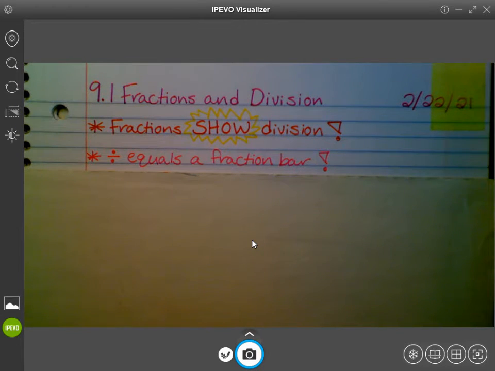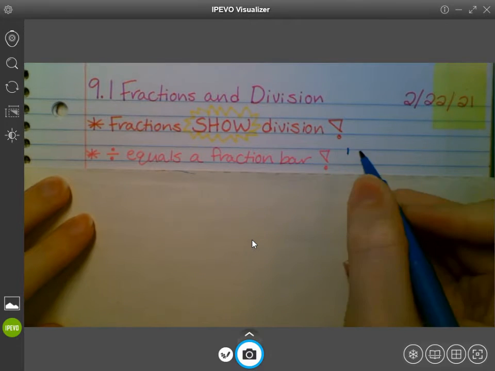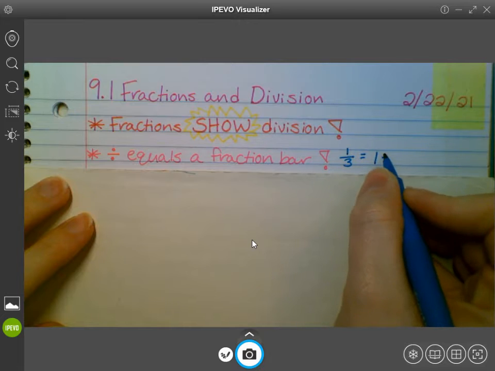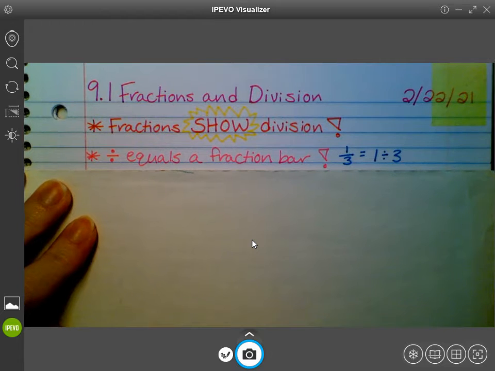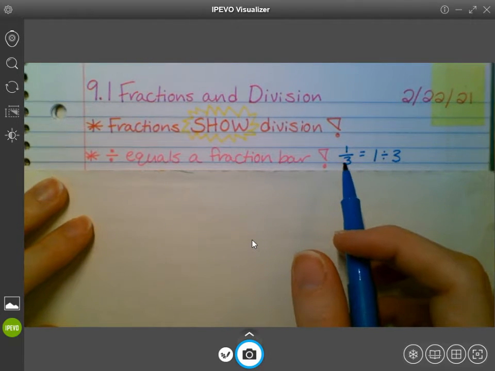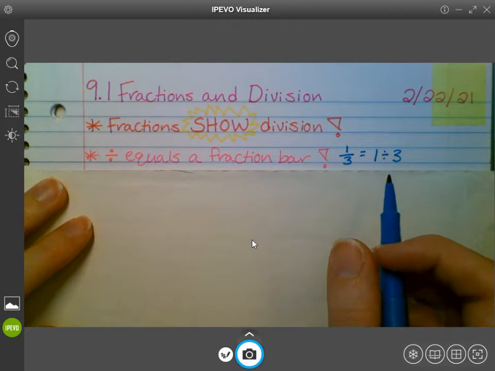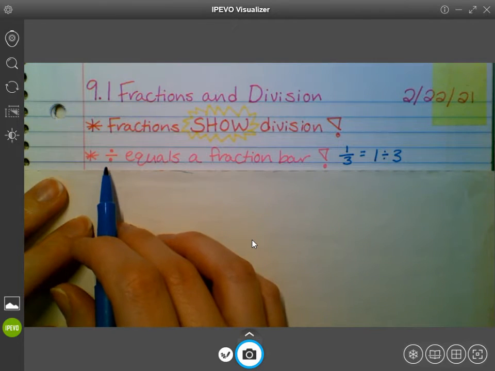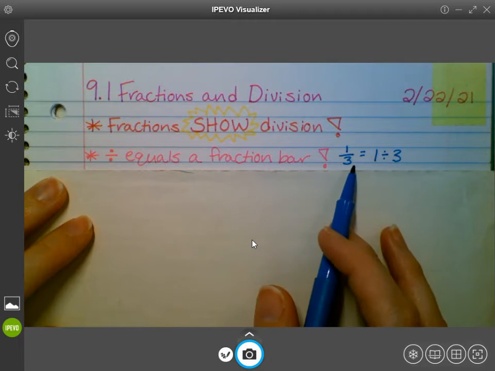So what that means, by the division sign equals a fraction bar, 1/3 is the same as 1 divided by 3. They equal the same thing. So if you see 1 divided by 3, that equals 1/3. So back and forth. 1/3 is the same as 1 divided by 3. 1 divided by 3 is the same as 1/3. So that division sign is the same as our fraction bar in a fraction.